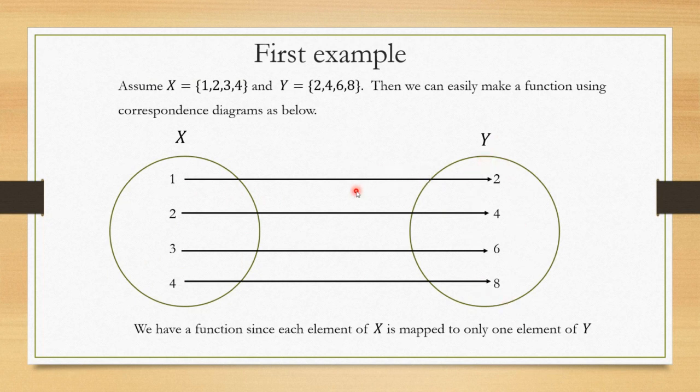We do have a function mostly because from each element in the first set, we only have one element in the second set. In other words, for each input, you get only one output. Or with these arrows, from each element in X, one arrow comes out.